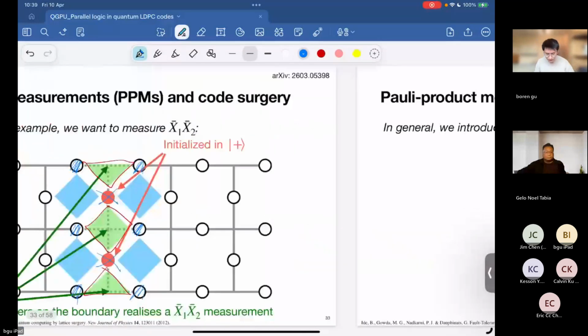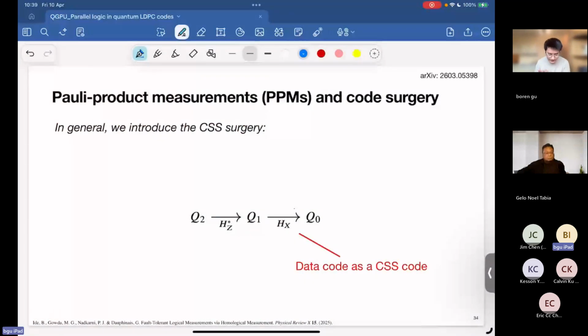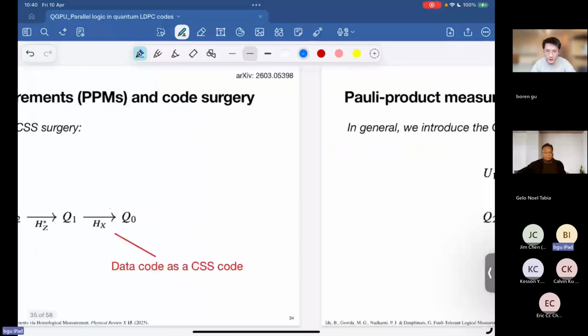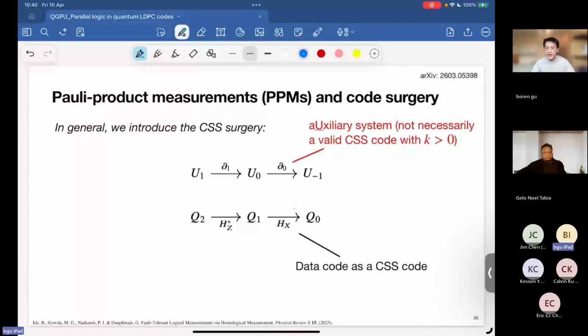Okay. So let's turn to a more general language, which is also more abstract and mathematical. In general, we can represent the surgery process for all CSS codes in the following way. If you remember, this is a CSS code in terms of a length-two chain complex, and we call it a data code. And we put in an auxiliary system, which can also be represented as a length-two chain complex.